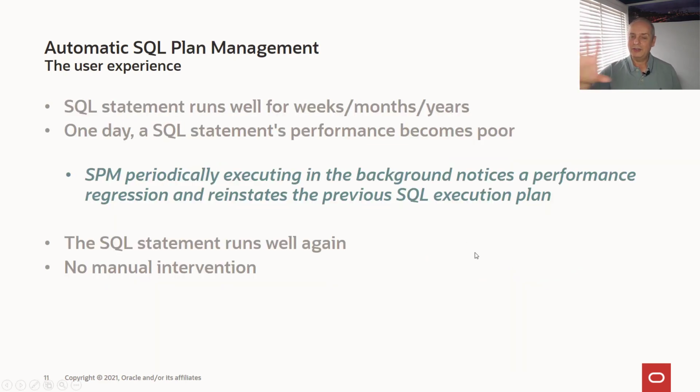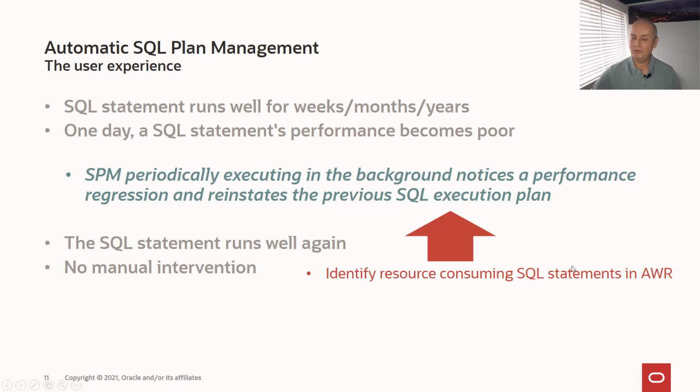So let's look at this little background task, the thing that's going on. If we break it down a little bit more, we can identify resource-consuming SQL statements in AWR, which you're probably familiar with. So we get the database to do that for us. It can introspect AWR, and it can introspect the SQL tuning set as well. We then can locate alternative SQL execution plans in the automatic SQL tuning set.